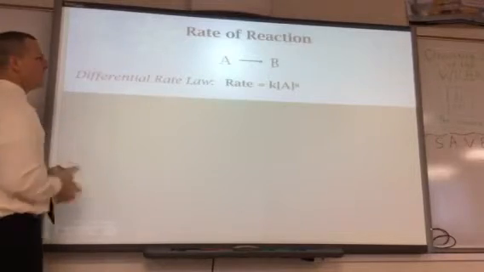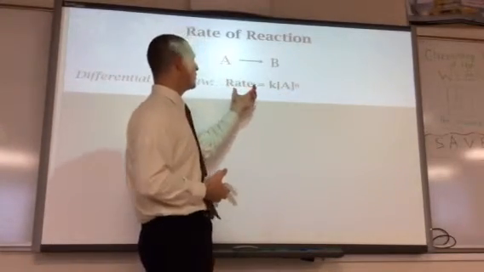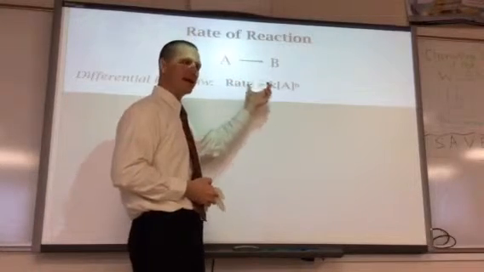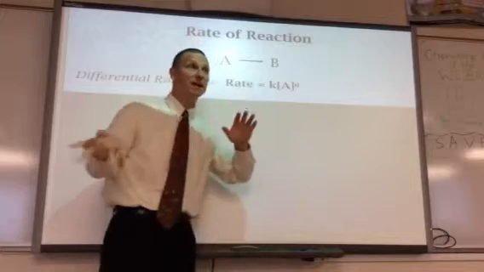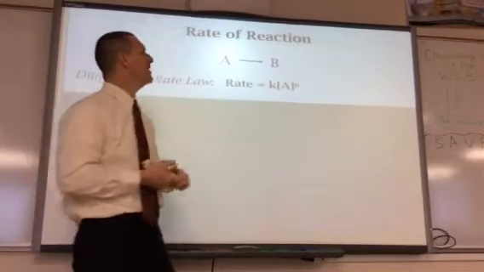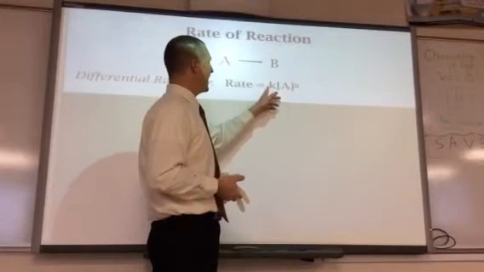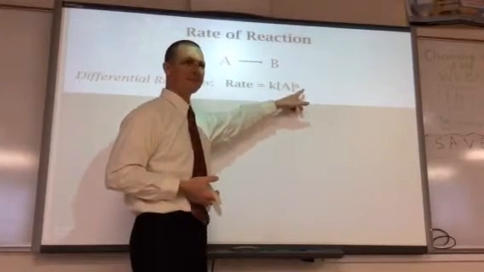You'll have to see. The differential rate law looks like this. This is the general form of it. It's always going to be the rate equals some constant. It's a lowercase k, different from the equilibrium constant. It has nothing to do with the equilibrium constant. That's a capital K. The rate constant, k, times the concentration of the reactant to some power.